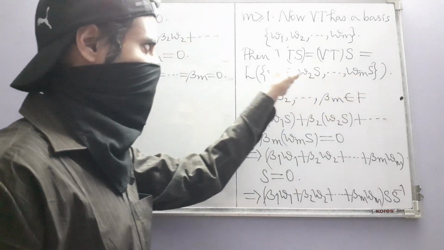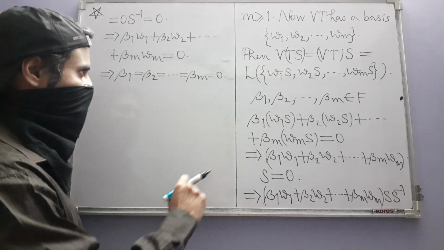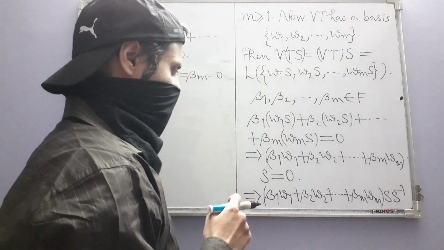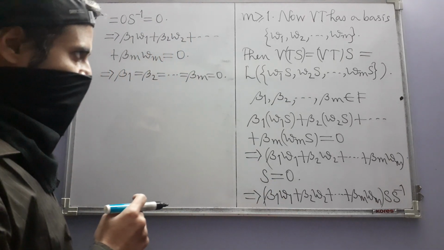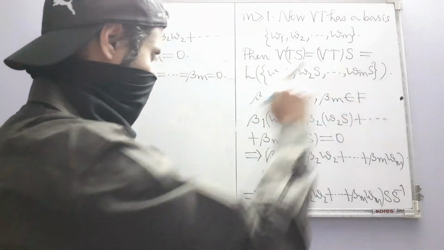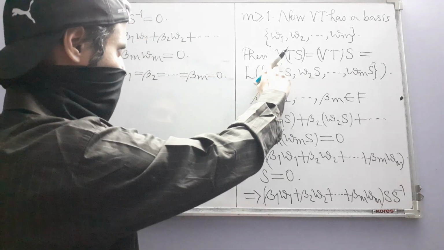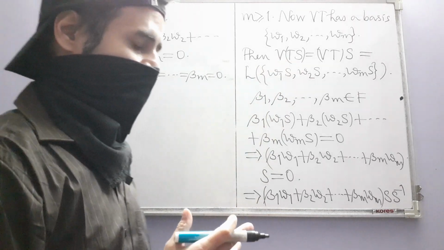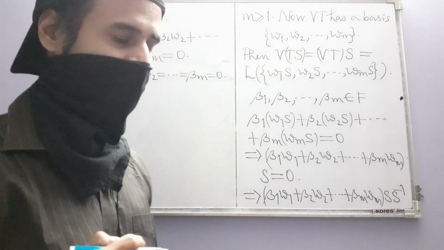This is a basis for the range of TS, and that's why the dimension of VTS this time is not less than or equal to, it is less than or equal to m, but more specifically actually it is equal to m, because there are m vectors which are spanning VTS, m distinct vectors, and this distinctness is a consequence of linear independence.